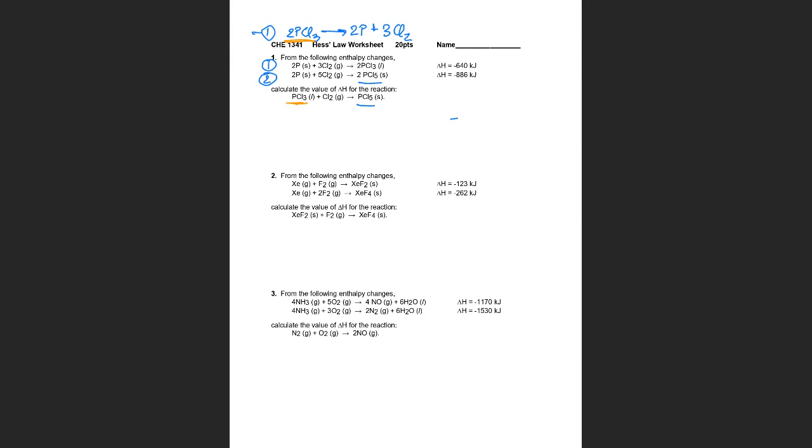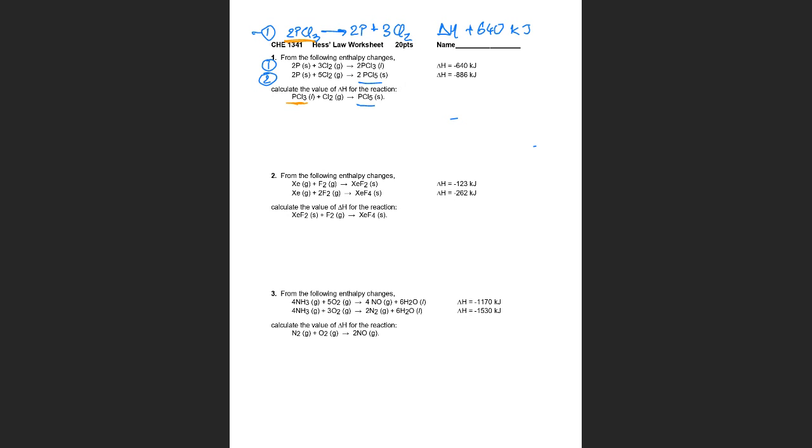Okay. What would the enthalpy change for line -1 be? It is a positive value. It's positive 640 kilojoules. Yeah, very good.